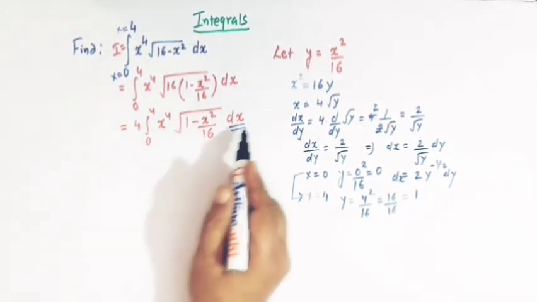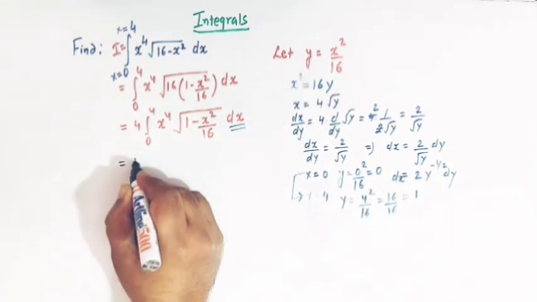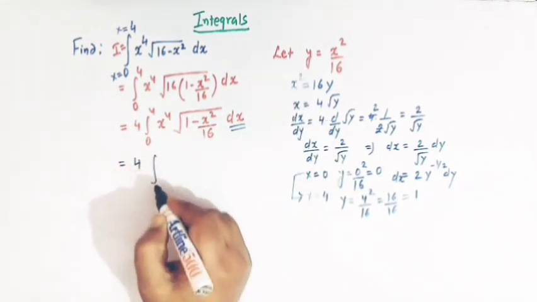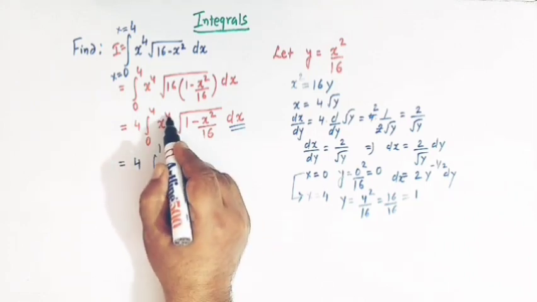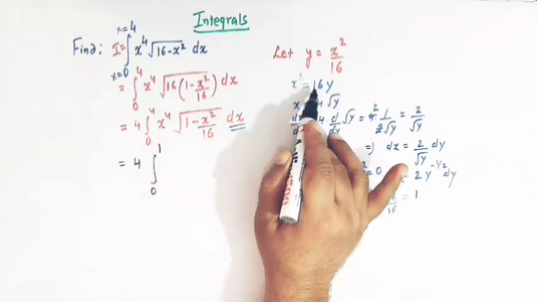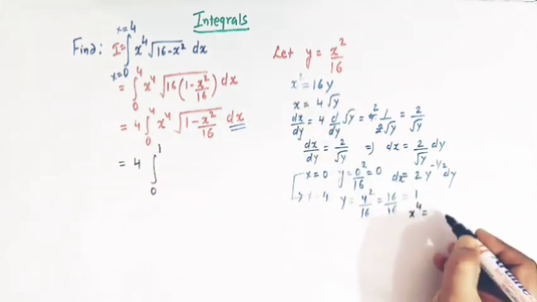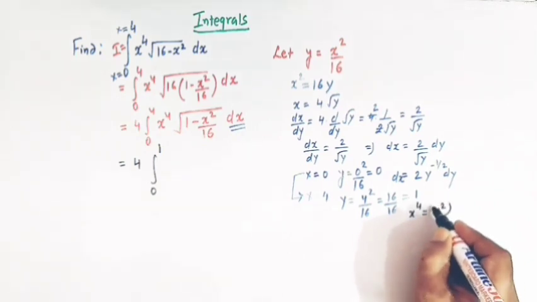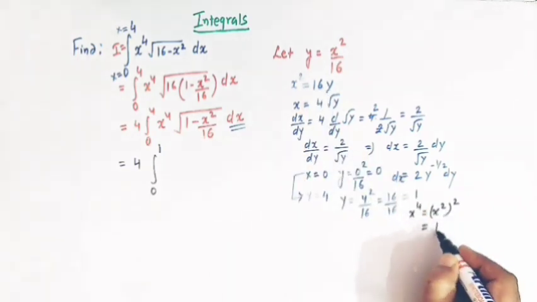So now we can write this integral in terms of y, right? So we have 4, then 0 to 1, and x raised to 4, right? See, x squared is 16y. So x raised to 4 is equal to x squared raised to power 2, and x squared is 16y, right?